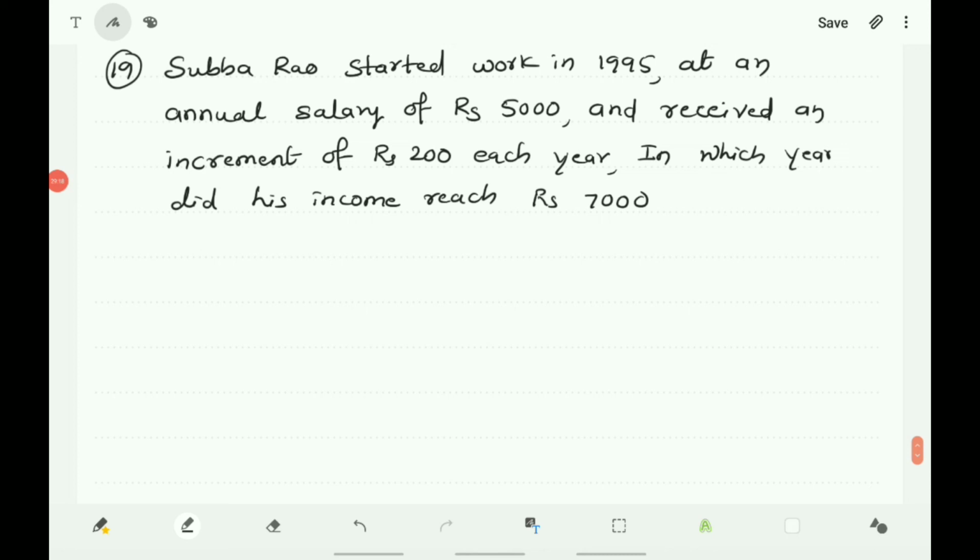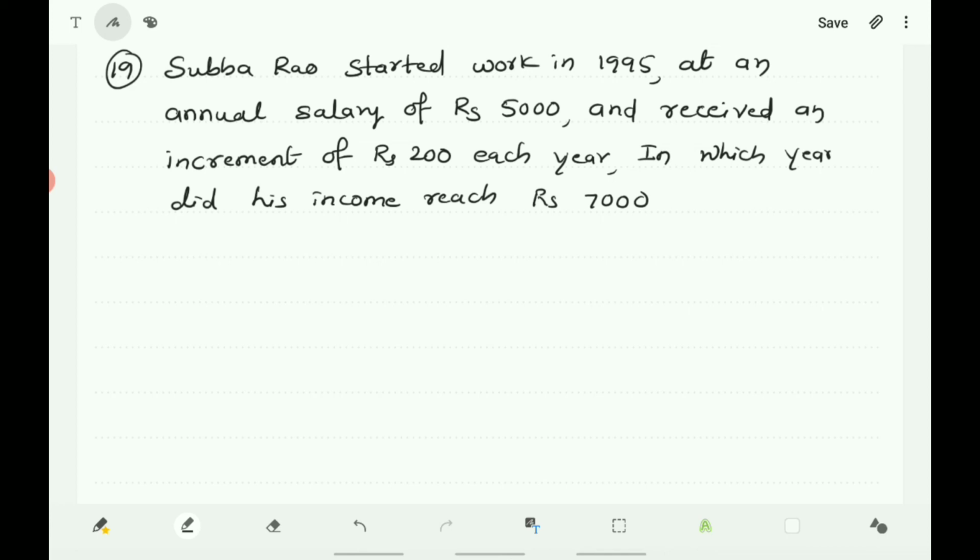19th question. Subbarao started work in 1995 at an annual salary of rupees 5,000 and received an increment of rupees 200 each year. In which year did his income reach rupees 7,000?